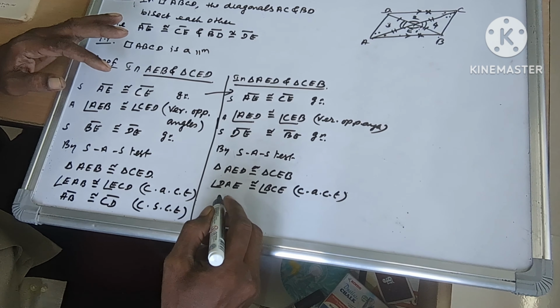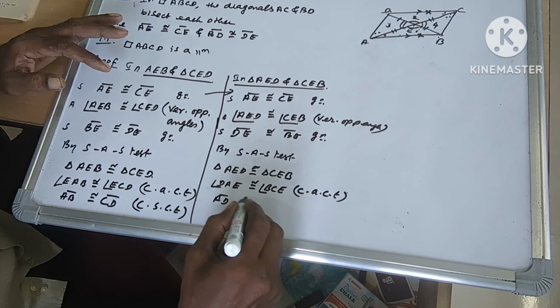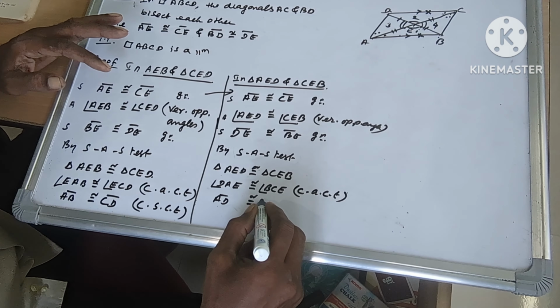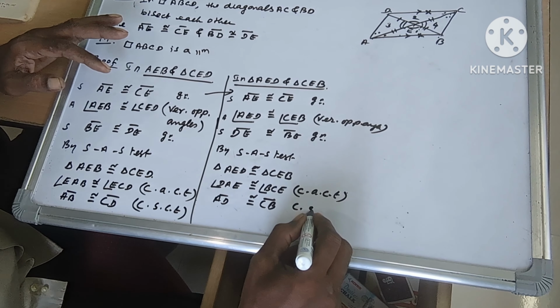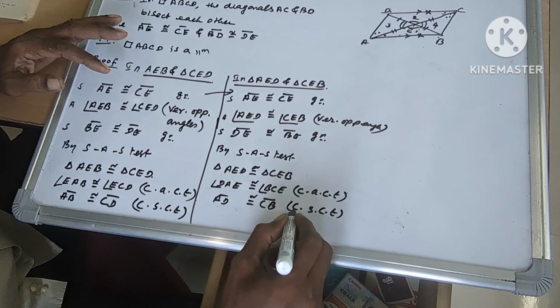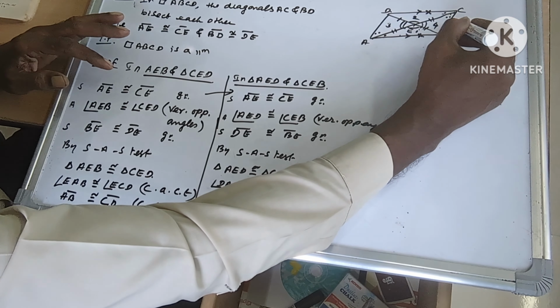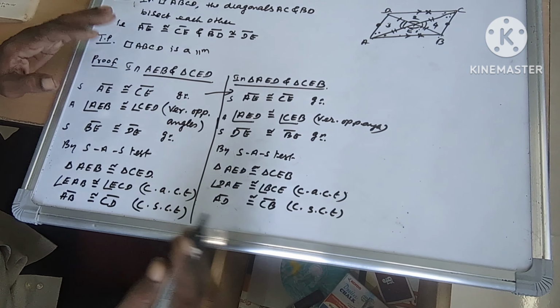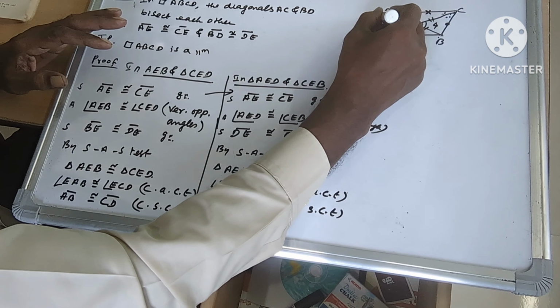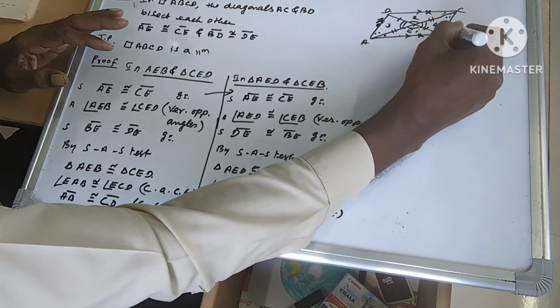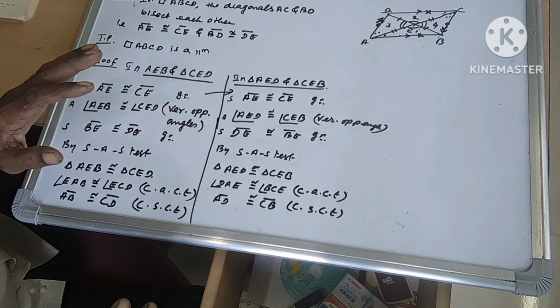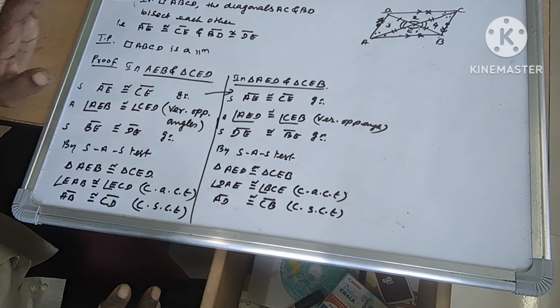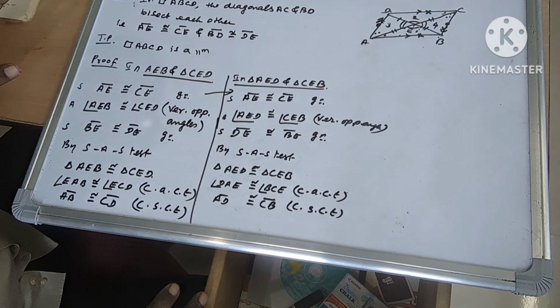At the same time, AD is congruent to CB, corresponding sides of congruent triangles. So now these two are parallel and congruent. So what will happen now? ABCD is a parallelogram because opposite sides are parallel and congruent.